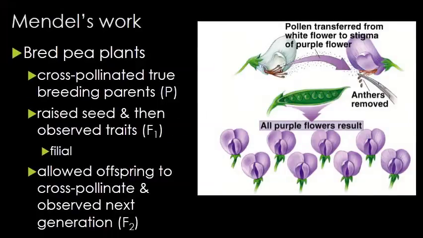Mendel picked the pea plant because he could control the breeding. If you actually look at what he did, he removed the anthers, basically the sexual organs, from the flowers so that he could physically control the pollen transfer. So when he was doing these studies, he had the parent generation, which he labeled P, and then the first children generation, the first filial generation, F1.